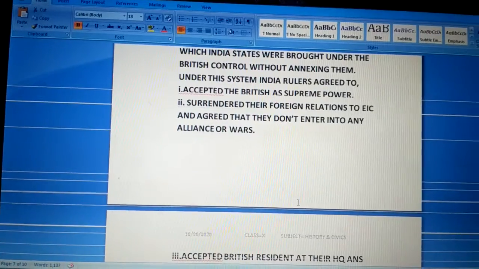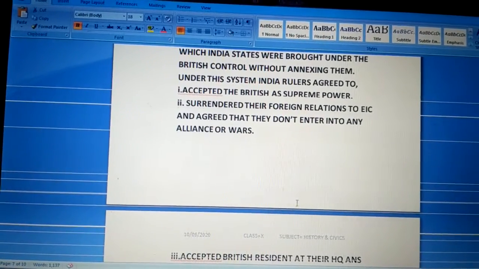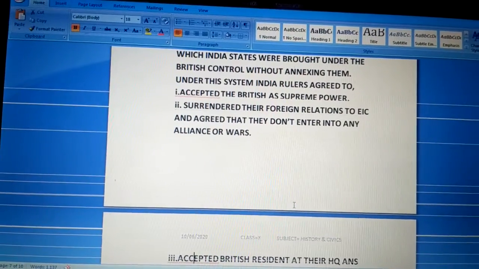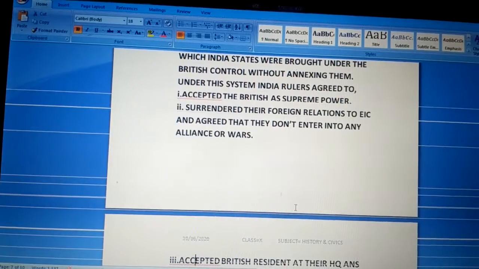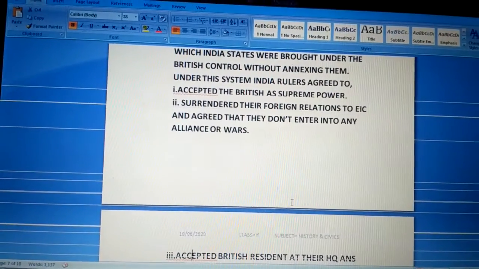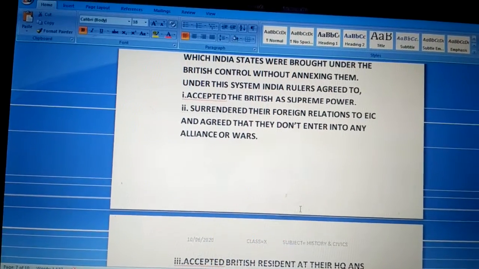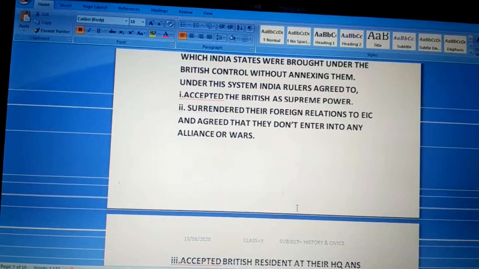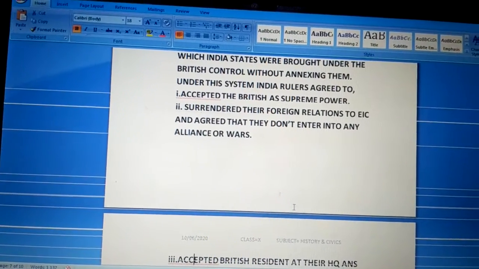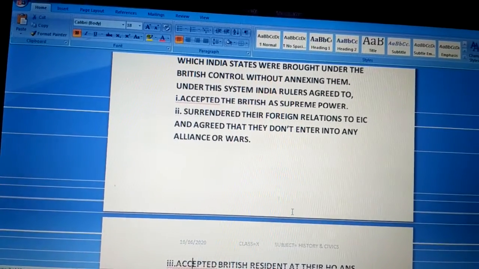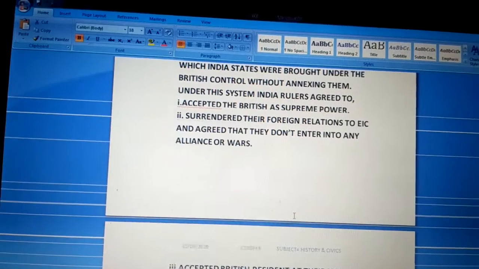So they have to surrender their foreign relations, but in foreign relations they can collect goods from abroad, but Indian goods they cannot send to foreign countries.